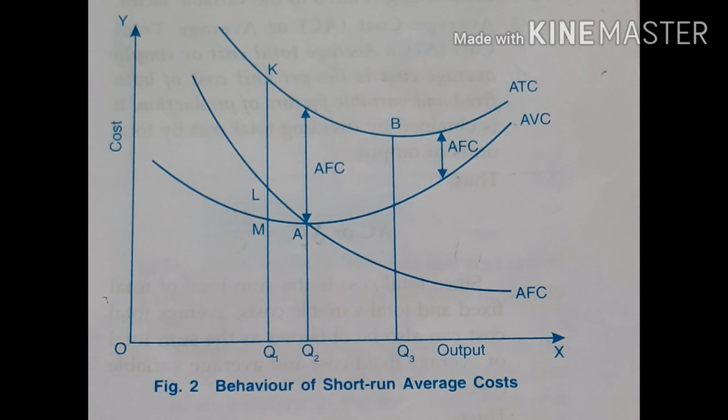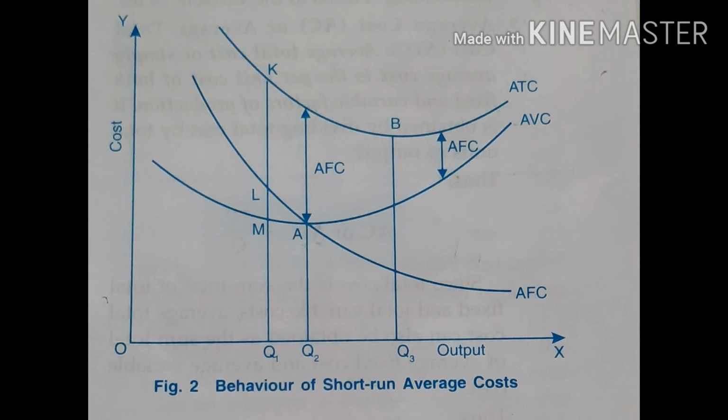The next thing you see is that as the output increases, the gap between the AC and AVC curves decreases, but they never intersect each other. It happens because the vertical distance between them, that is between ATC and AVC, is AFC.